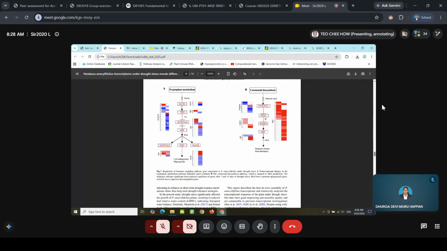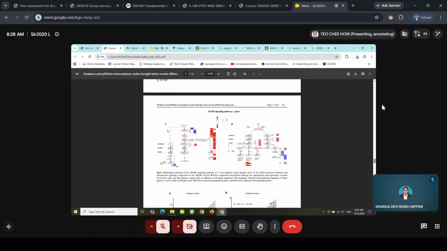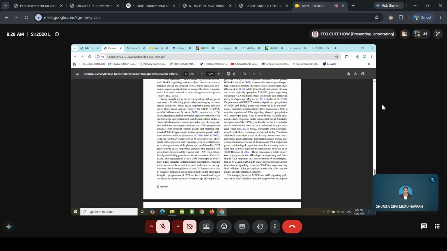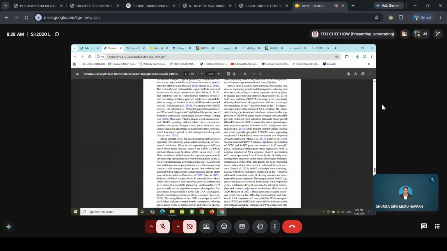When you move to day 14, the expression profile changes, right? You see many were downregulated. This kind of explanation you need to provide in your discussion. Just one or two sentences should be sufficient, right, to support your finding.